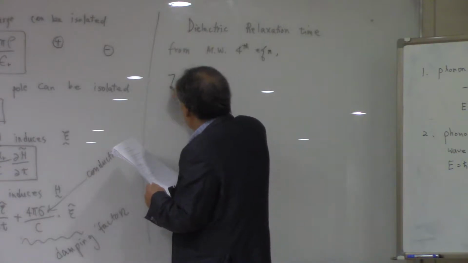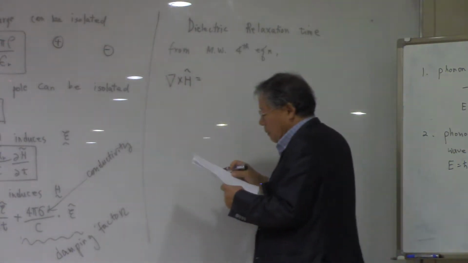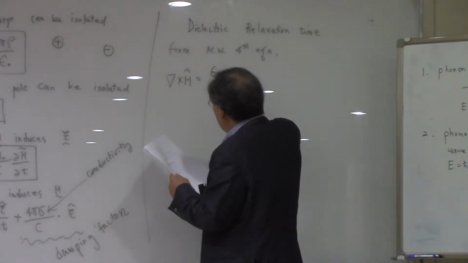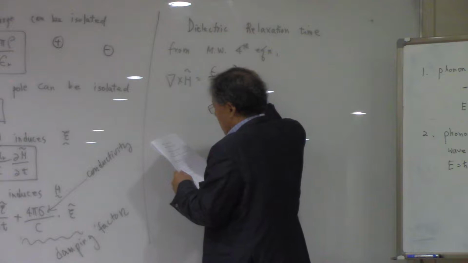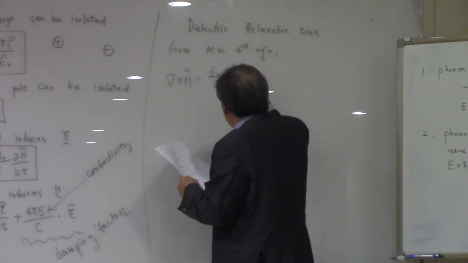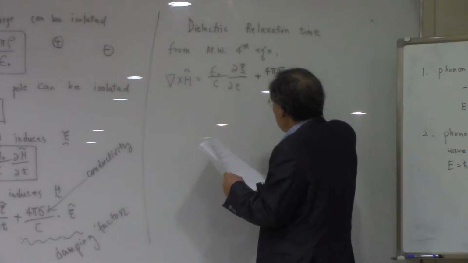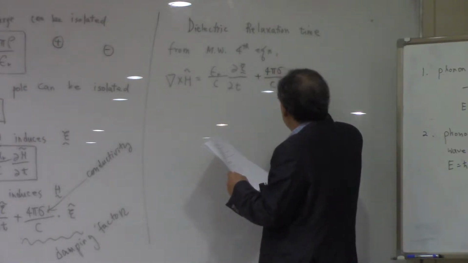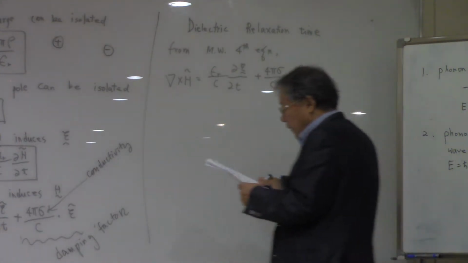we know the curl of the magnetic field is related to the change in electric field and the conductivity of the materials, right? That's the fourth equation there.